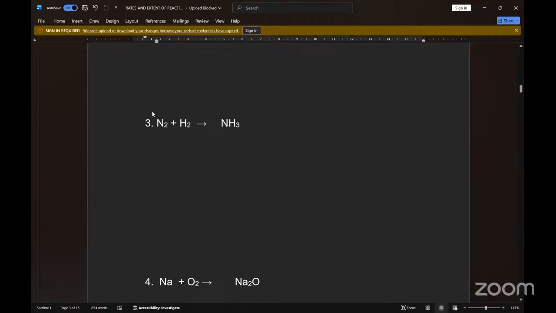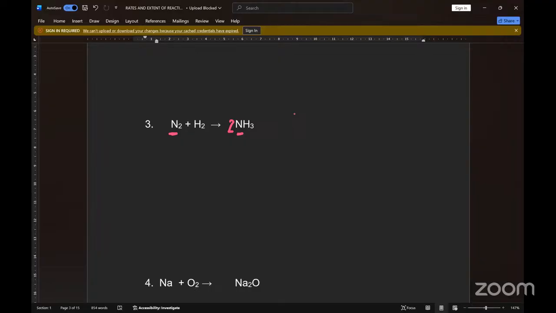Again, you have nitrogen combining with hydrogen to give you ammonia. Now, if you look at the number of atoms of nitrogen here, there are two. Here is only one. So to increase it, we put two here. And like I said, by writing two here, the two affects all of them.